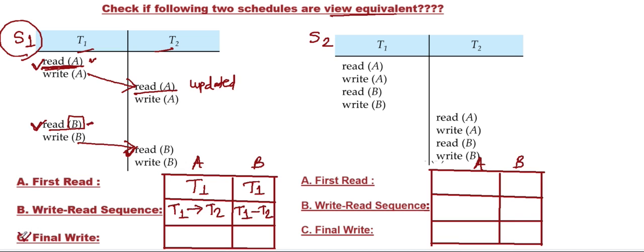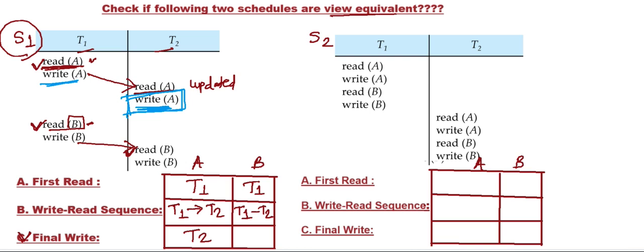Then check the final write. Who has made the final write on variable A? This is the first write on variable A, this is the second write, and this is the final write. So this write A is the most recent one, the final write, made by T2.